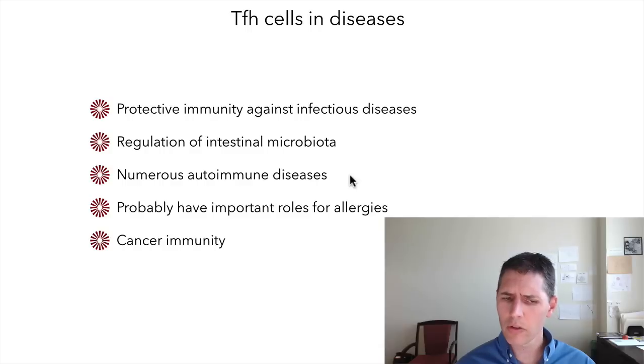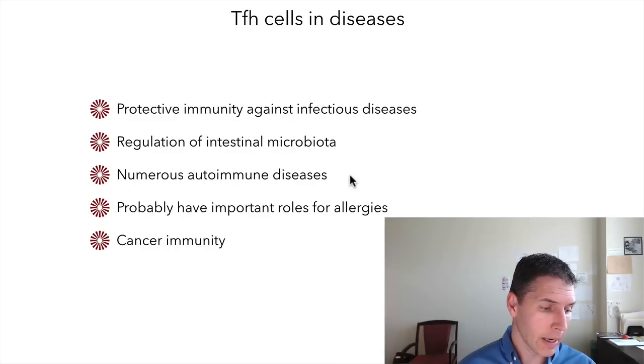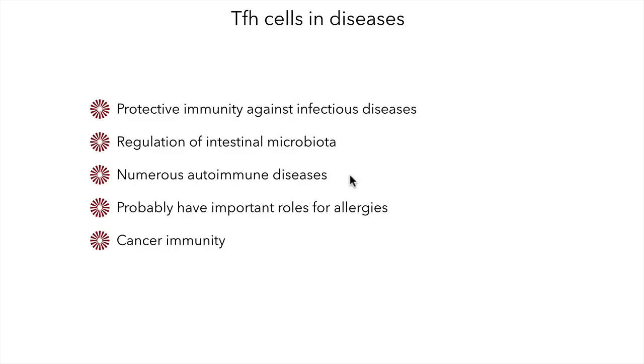In addition, there are associations between TFH and autoimmune diseases that don't appear to have a major antibody component at all. That appears to be true for autoimmune diseases like systemic lupus, where autoantibodies are considered primarily markers of disease, not causes of disease.